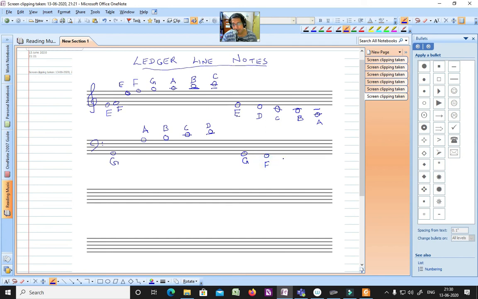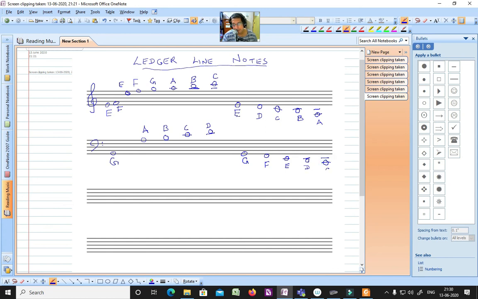Before F, E. Before an E, D. Okay, so on and so forth. Now to go further down, I'll draw two lines. And this will be here. What comes before D?